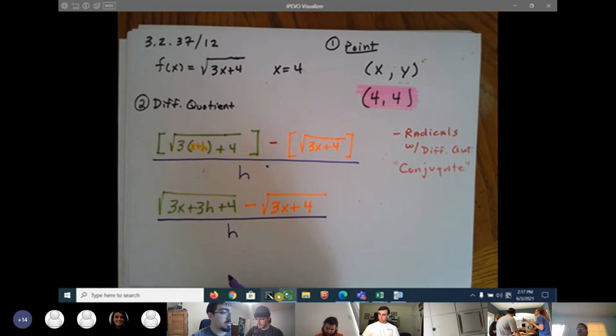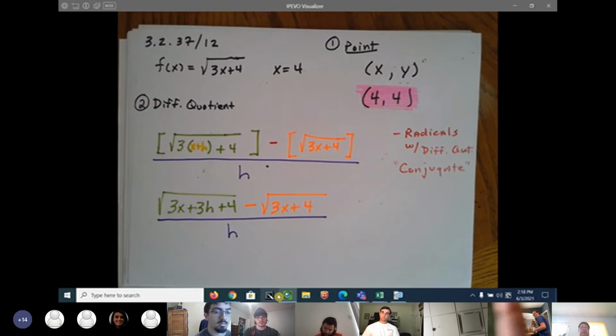Okay, now what is the conjugate of the green radical minus the orange radical? What's the conjugate? The green radical plus the orange radical. Thank you.